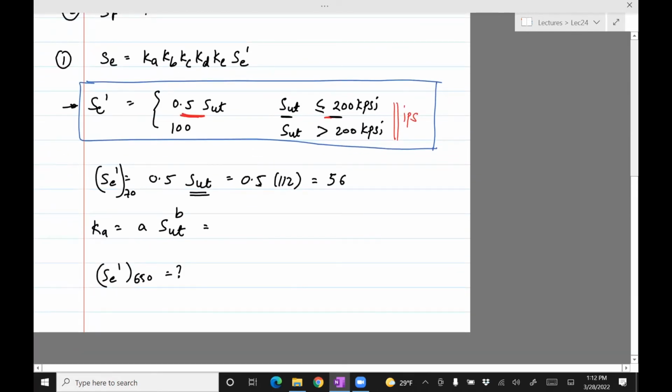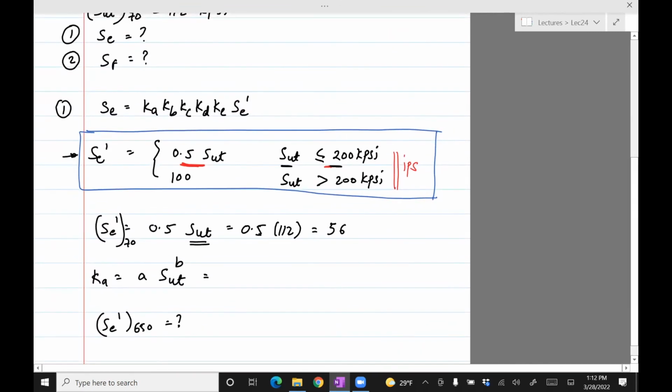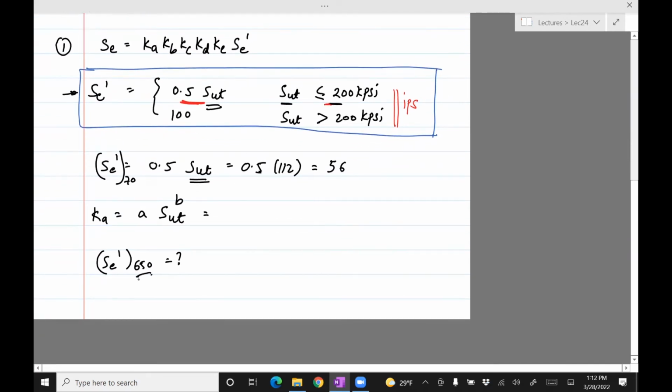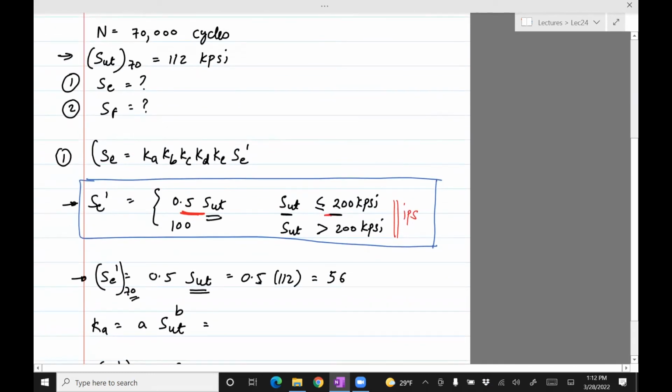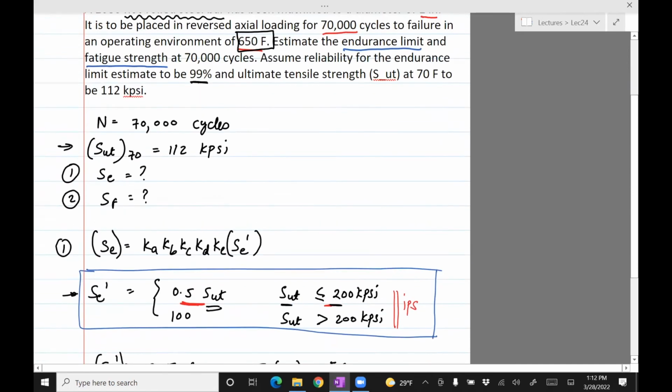So I skipped the step where we first need to adjust the SUT at 650. Once we get SUT at 650, that's what we'll use to compute SE prime at 650. So this is not incorrect. This is just SE prime at 70. But we're interested in computing this at 650.